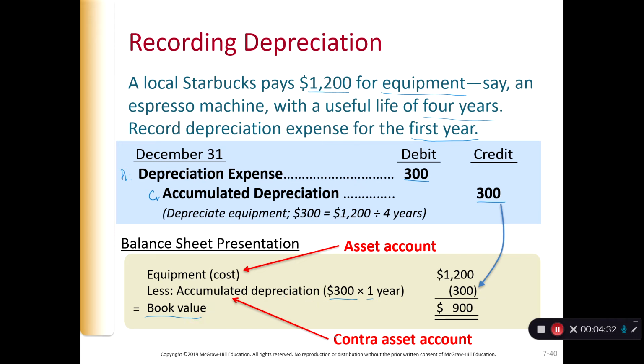As we always talk about, this is a control asset account, and it always exists with equipment. It's like twins. The equipment shows the original purchase price plus the expenditures to get it ready to use, and we always need a minus accumulated depreciation associated with that asset as a control account. When investors look at this, they can calculate the net book value of the asset, which is $900 in this case.